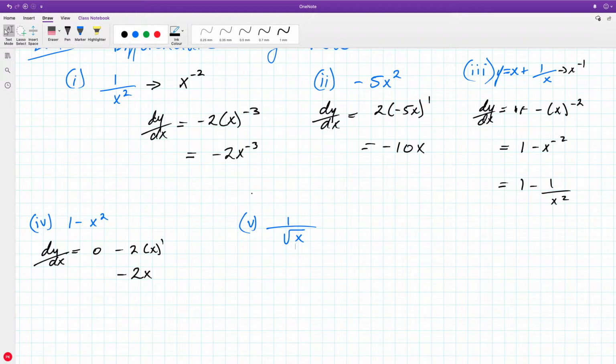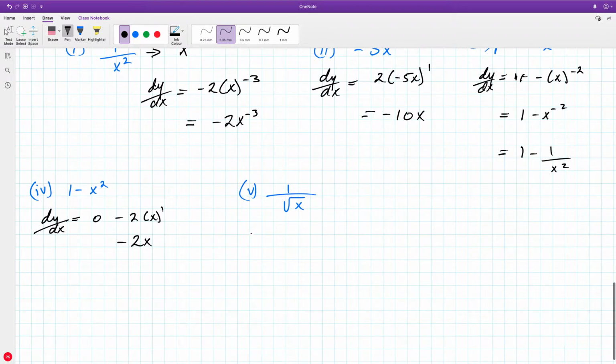What do you reckon? Do you reckon fair? Sounds about right to me. Let's have a little look at it. So, y is equal to 1 over x to the power of a half, first of all.